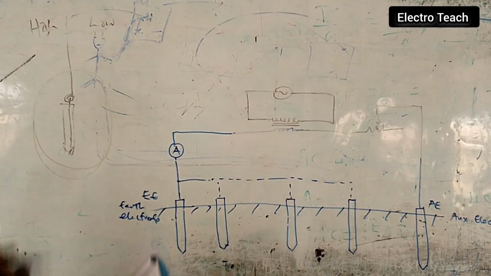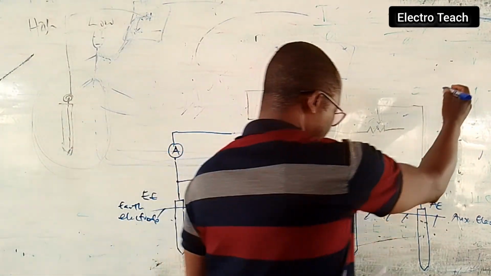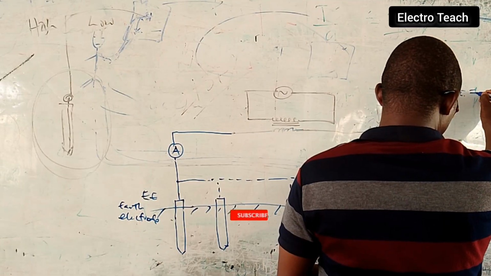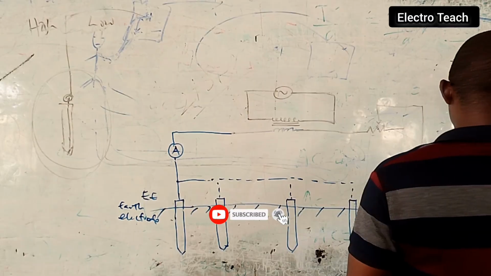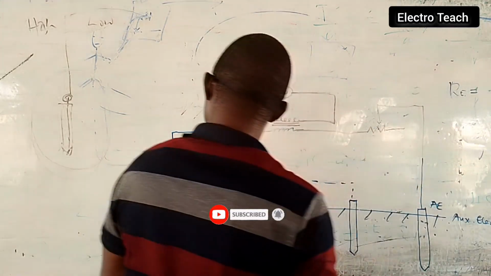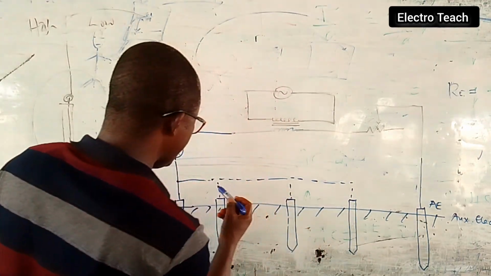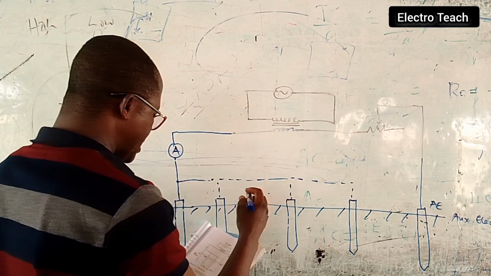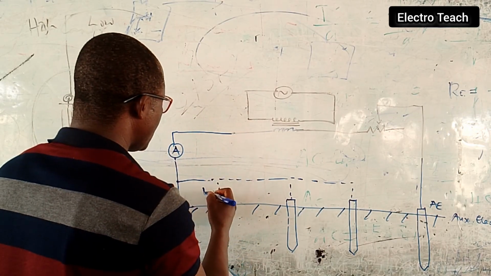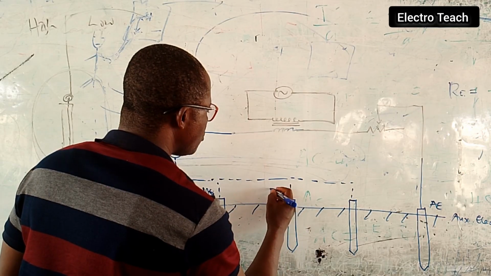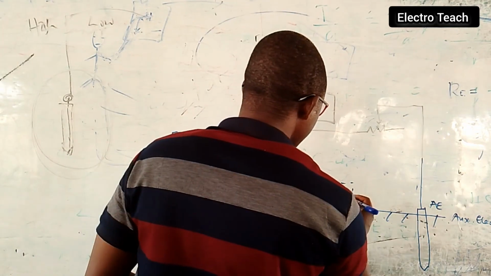Now the earth resistance we are looking for is represented as RE, which equals the voltage drop between EE and ME, between any of these points. This is ME, the intermediate ones: ME1, ME2, and so on.